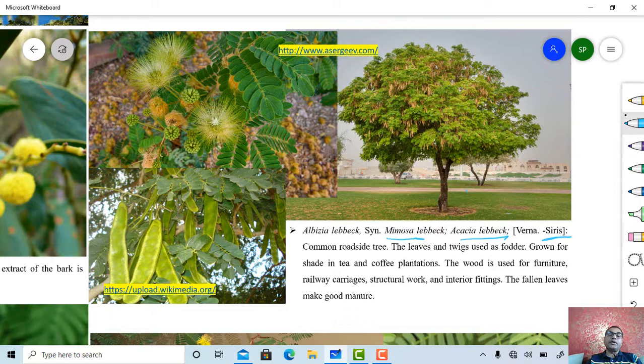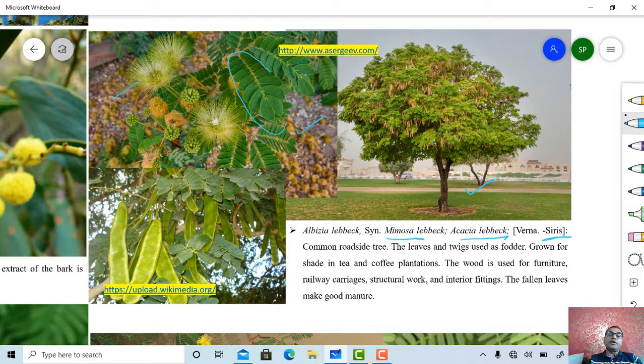So this one is a habit of the plant, a completely woody tree type of plant. This one is a twig of the Albizia lebbeck. So the compound type of leaves, unipinnately bipinnate type of leaves, are present, and this one type of inflorescence is present.